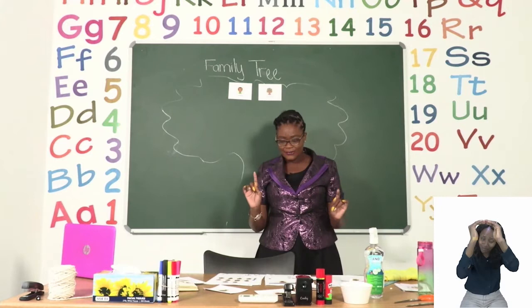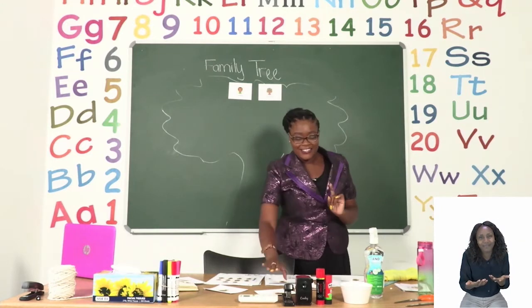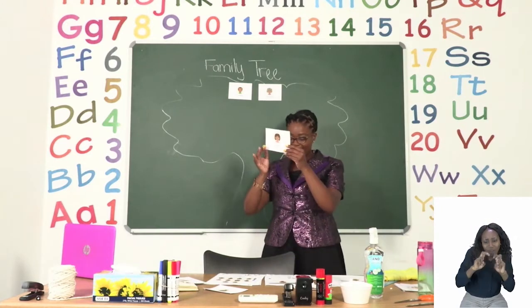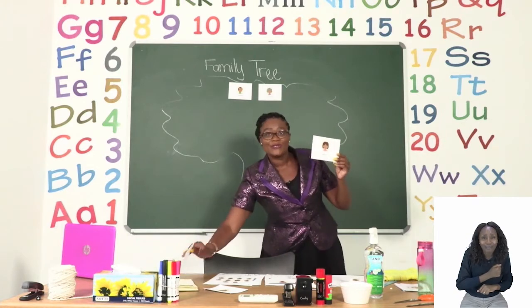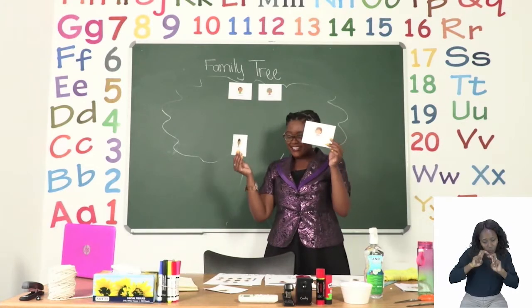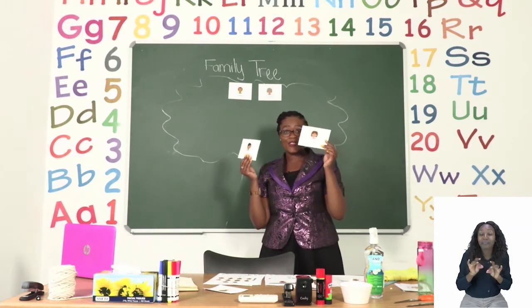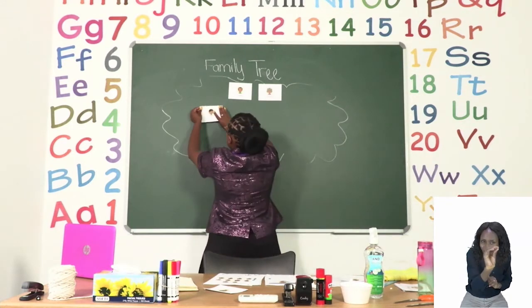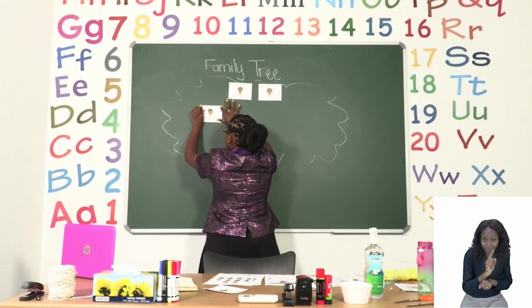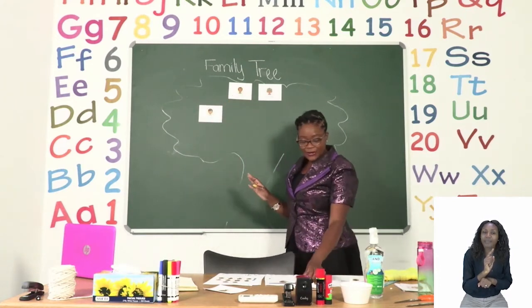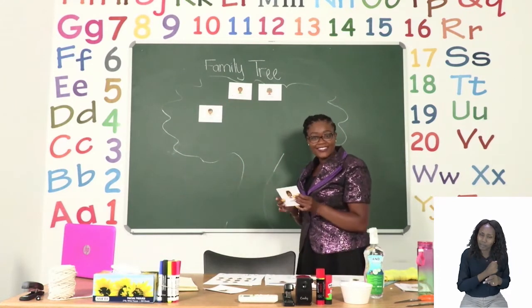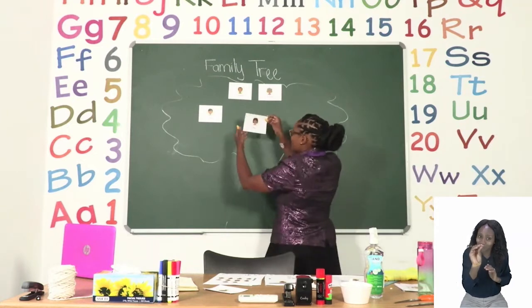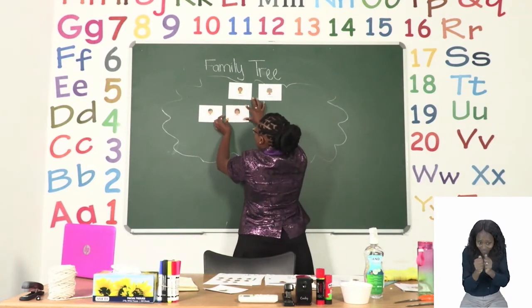Now we are going to look for mother and father. These are the next people in the tree. So we are going to put father first, just below here. And we are going to put mother where? Yes, right next to father.